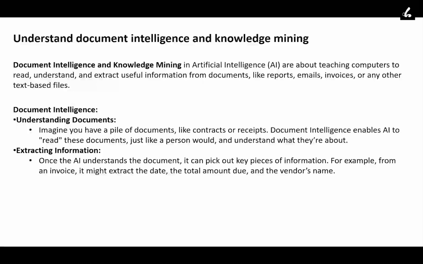But with the help of artificial intelligence, with the help of document intelligence, our system will read all the invoices, and after reading, it can extract the most important information from those invoices, like the date when it got generated, the time when we ordered it, the amount for the particular receipt, what things we have ordered, or from which vendor it got delivered to us. So it's happening due to document intelligence.